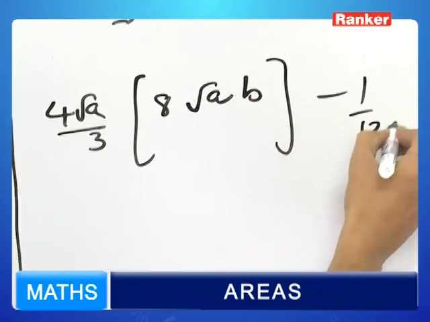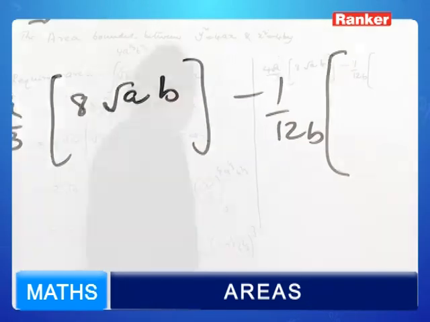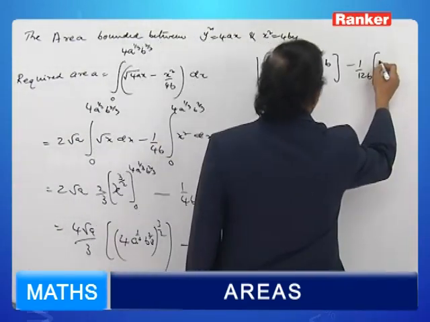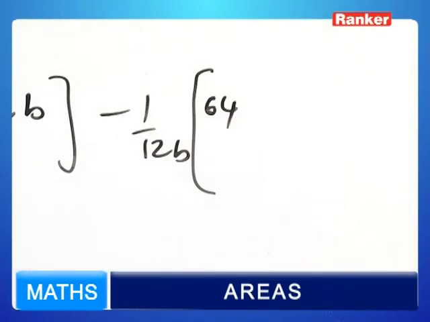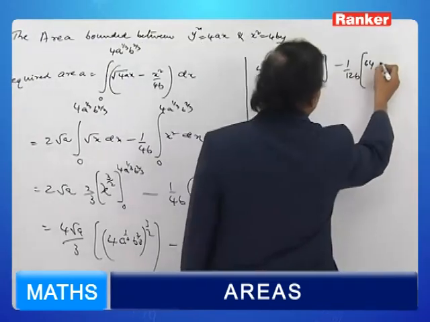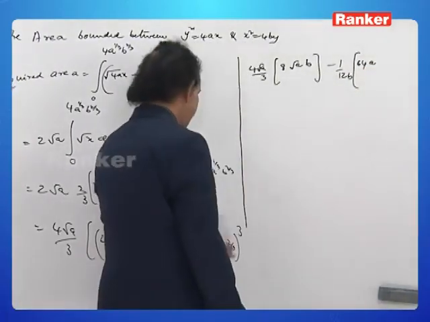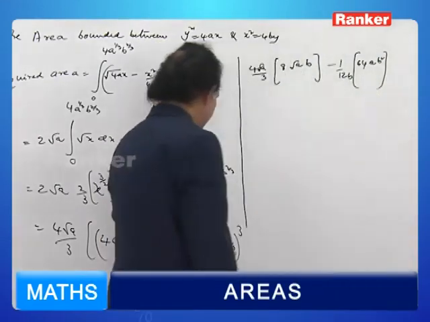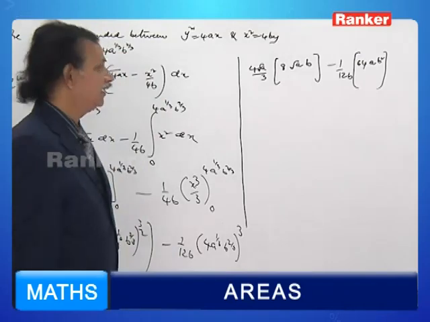Minus 1 by 12b into 4 cube, which is 64. A power 1 by 3 whole cube is a. B power 2 by 3 whole cube is b square.